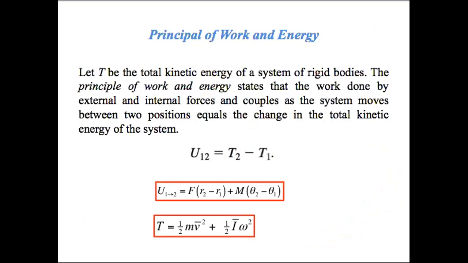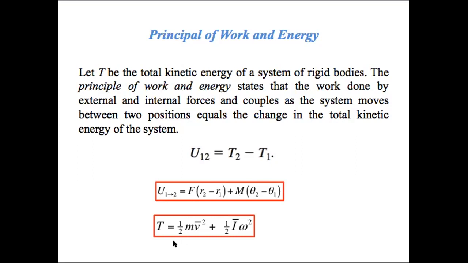The principle of work and energy states that the work done by the external and internal forces and couples as the system moves between two positions equals the change in the kinetic energy of the system. We can find the work by this equation: force times (r2 minus r1) plus moment times (theta2 minus theta1).